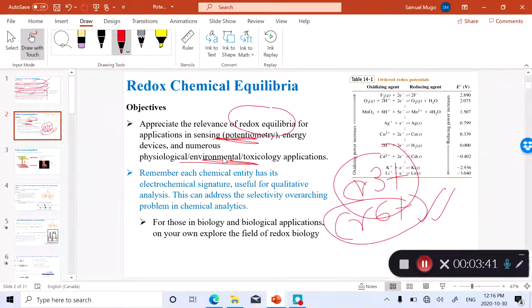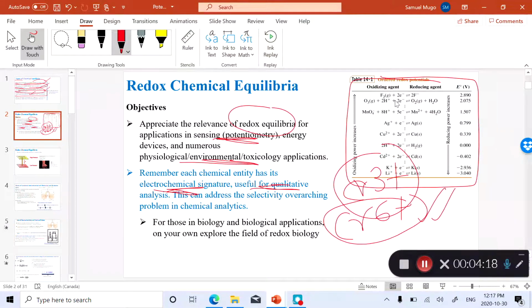It's important for you to remember that each chemical entity, be it an element or a molecule, has what we call an electrochemical signature. And so we can use electrochemistry for qualitative analysis, that is to differentiate different types of chemical entities, but also, of course, we can use it for quantitation. Take a look at the standard reduction potentials that you guys know about for all different types of elements.